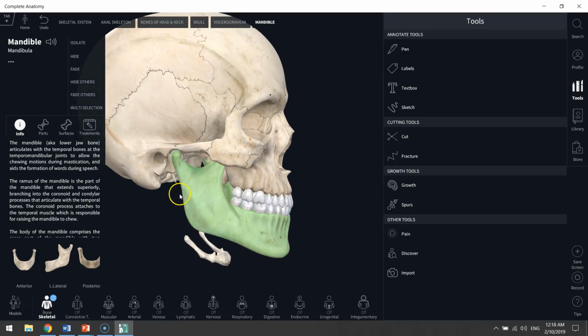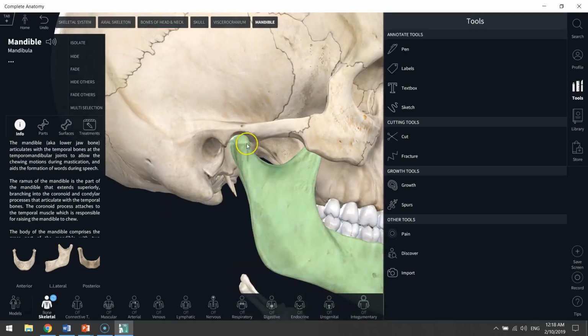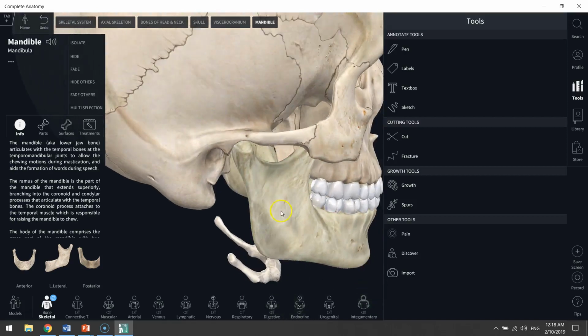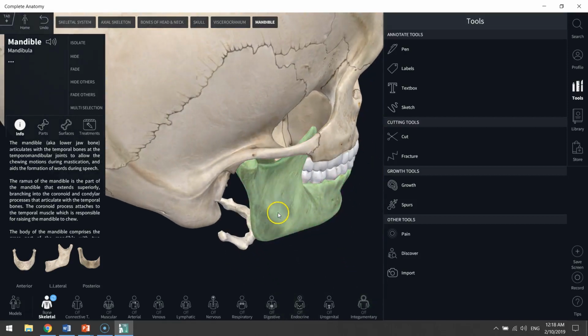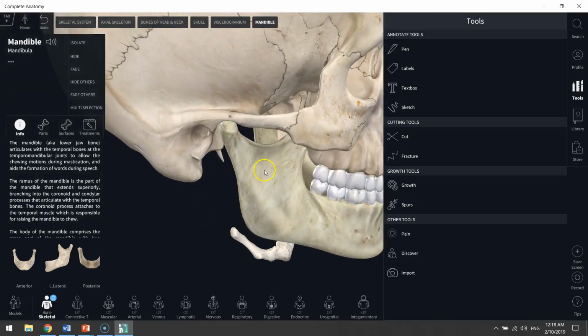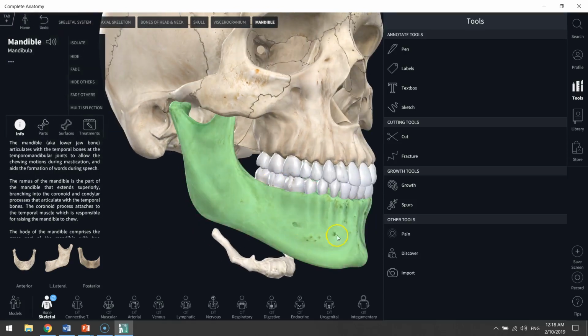Posterior is the condyle of the mandible, which articulates with the mandibular fossa to form the temporomandibular joint. The mandibular notch separates the coronoid process, which is a flattened projection anteriorly, inside and inferior to the zygomatic arch. That is the attachment point for the temporalis mastication muscle.